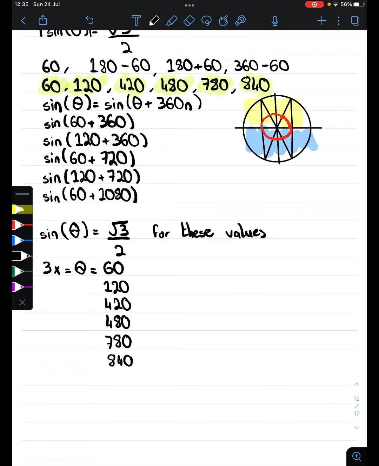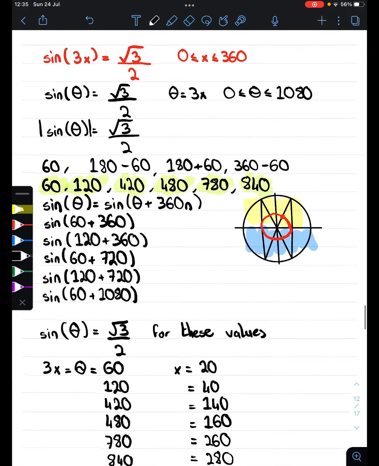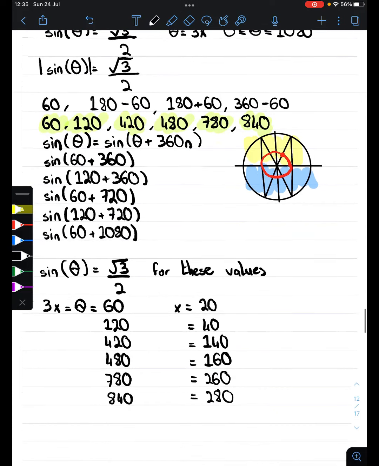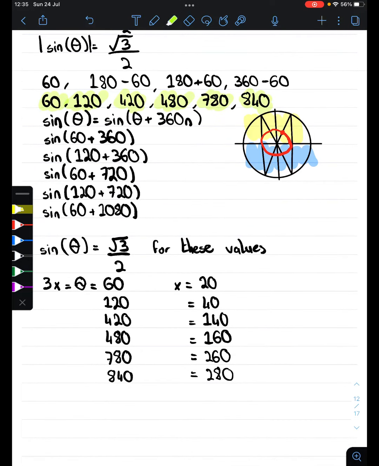All right, so now if we solve for x, dividing by 3, we get x equals 20, 40, 140, 160, 260, and 280. So sine 3x for all these values will work. These are all the solutions below x equals 360. So this is our answer.